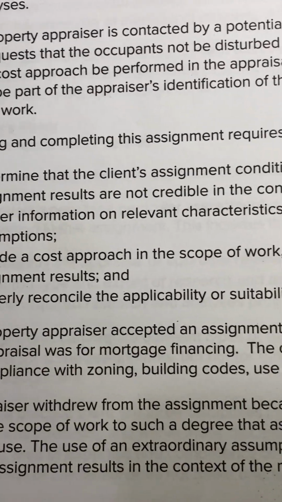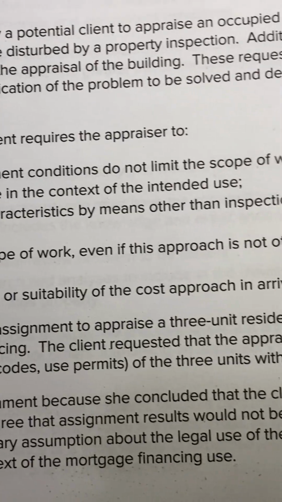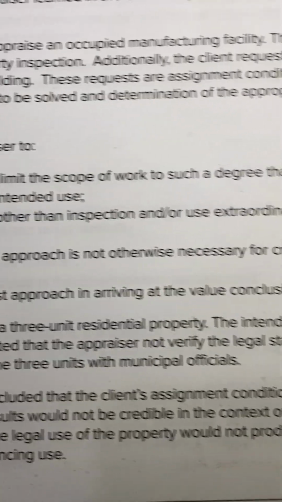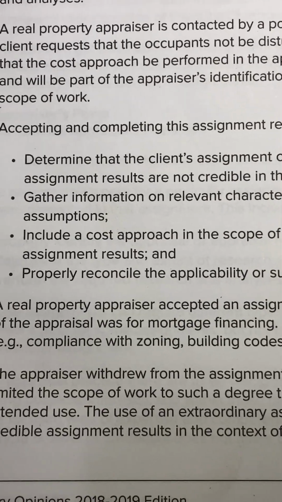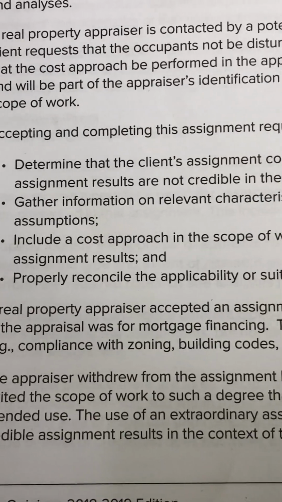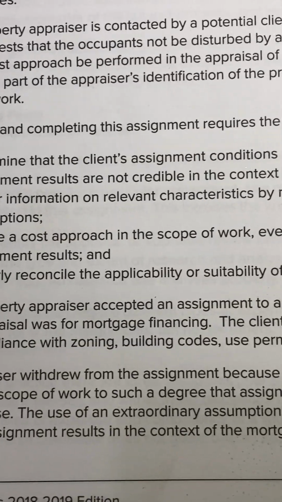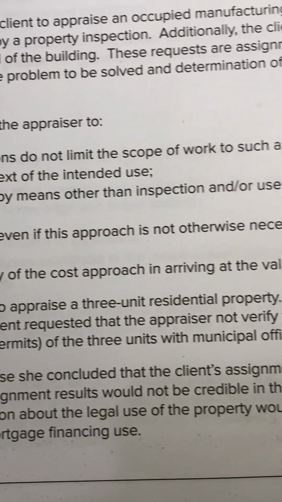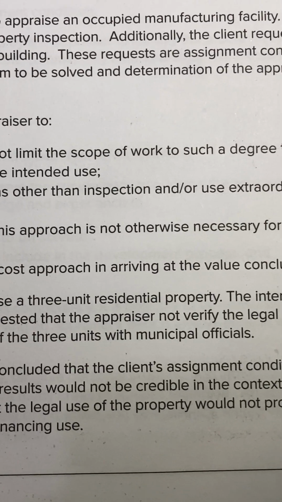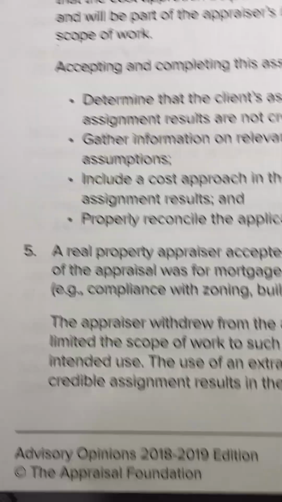Include a cost approach in the scope of work, even if this approach is not otherwise necessary for credible assignment results. And properly reconcile the applicability or suitability of the cost approach in arriving at the value conclusion.